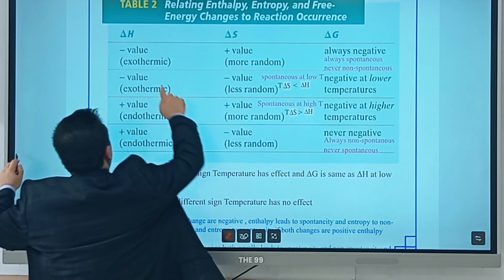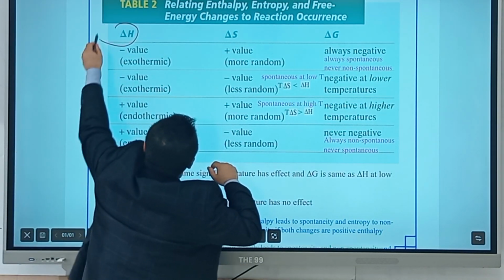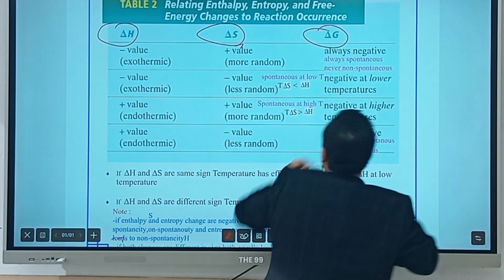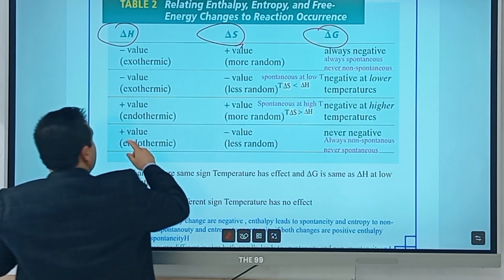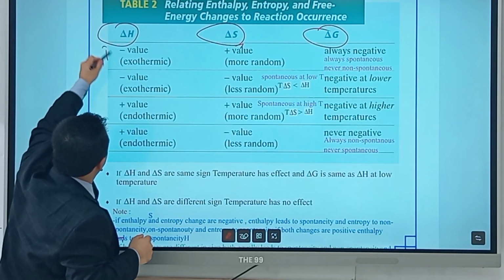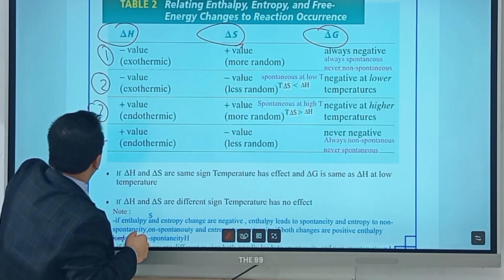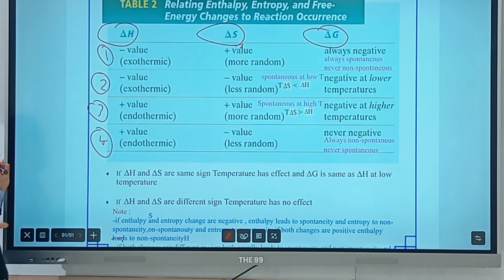Have a look, guys. Here we need just the signs of enthalpy and entropy, and then we'll predict the sign of delta G. We have got four combinations.